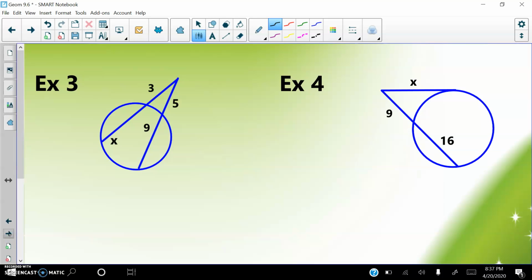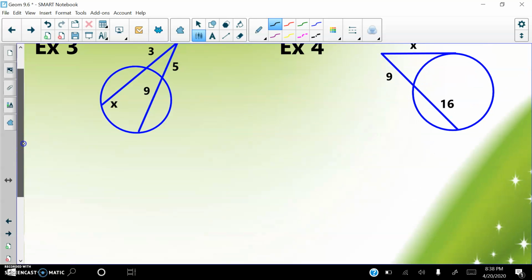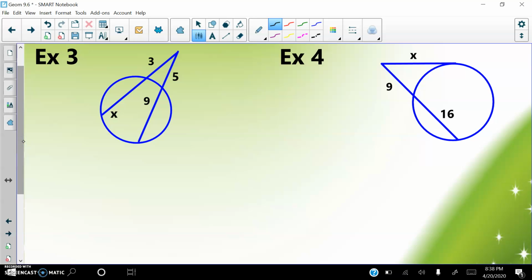All right, numero tres. You know what? I'm going to skip number 3. Let's just go into number 4. So this is the one where I have a tangent line. It hits one time. So I'm saying that is squared.